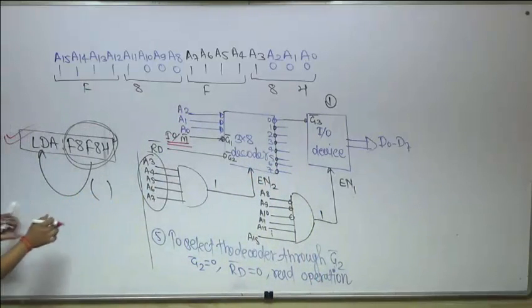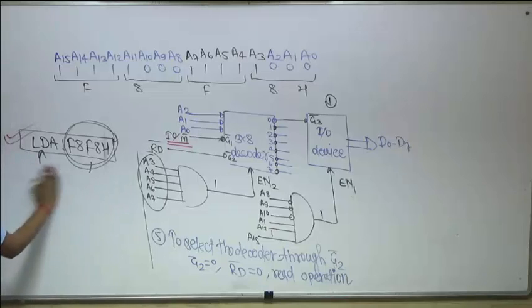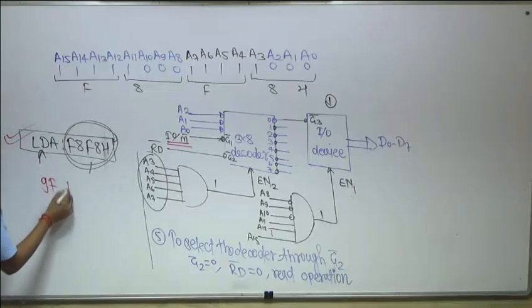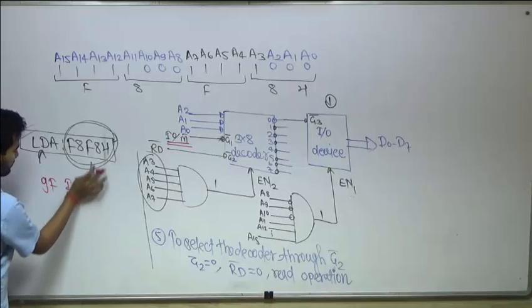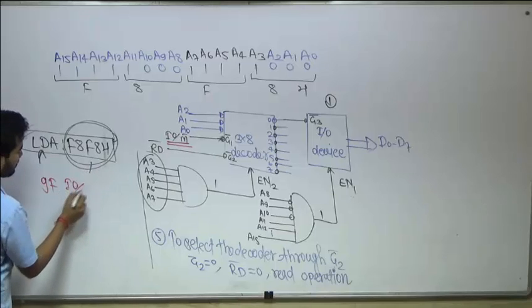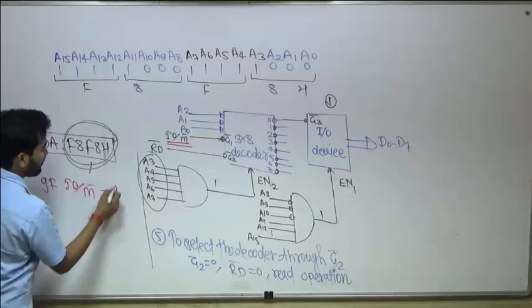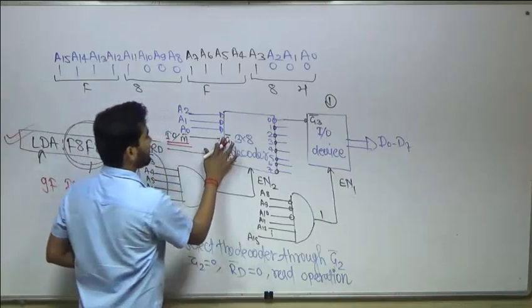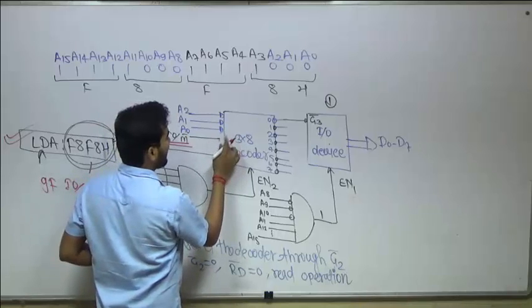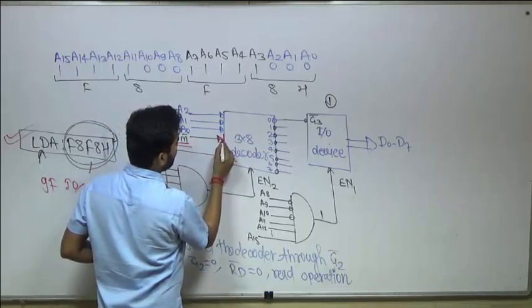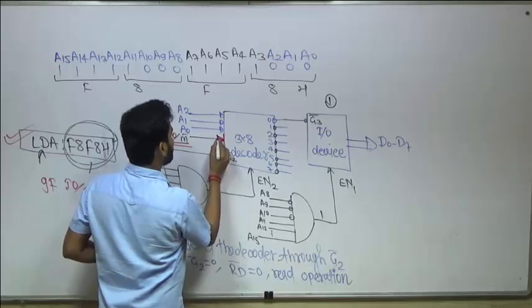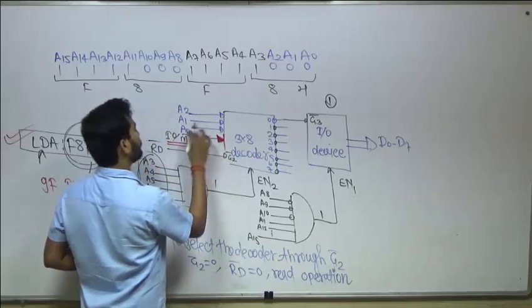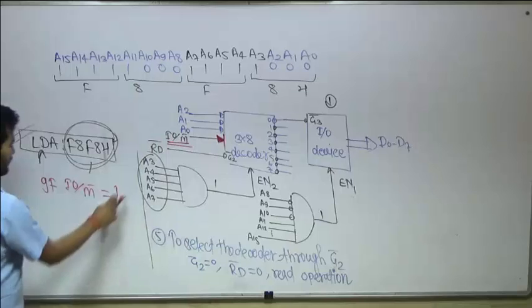Now, a different case: if IO memory bar is 1. If G1, this pin, is an active high pin, then to select the 3:8 decoder through this pin, IO memory bar has to be 1.